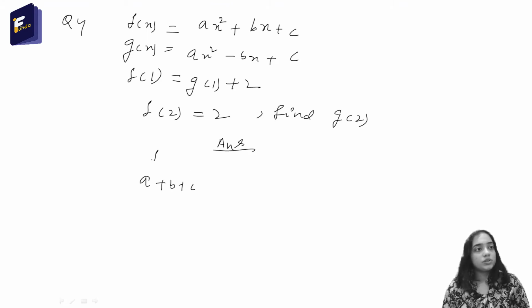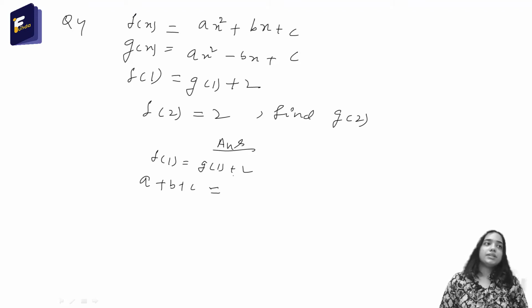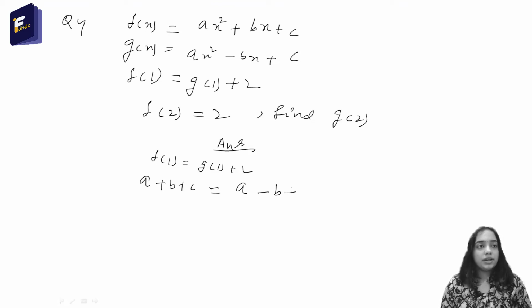So now we use the condition f of 1 equal to g of 1 plus 2. So a plus b plus c equal to, what is g of 1? Again we will replace x by 1 in g of x, that is a into 1 square minus b into 1 plus c. So it will be a minus b plus c. We are given it is plus 2. This is the condition I am applying.